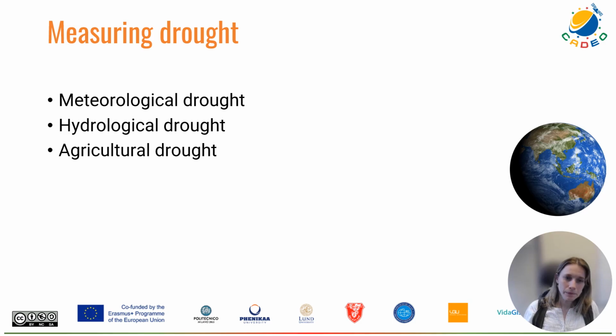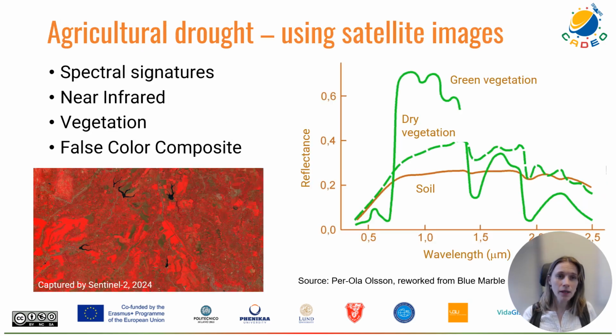Agricultural drought then, and this is where I think Earth observation is specifically useful, because we have the ability to measure the Earth's reflection of vegetation, for example, or vegetation's reflection of light or electromagnetic radiation.